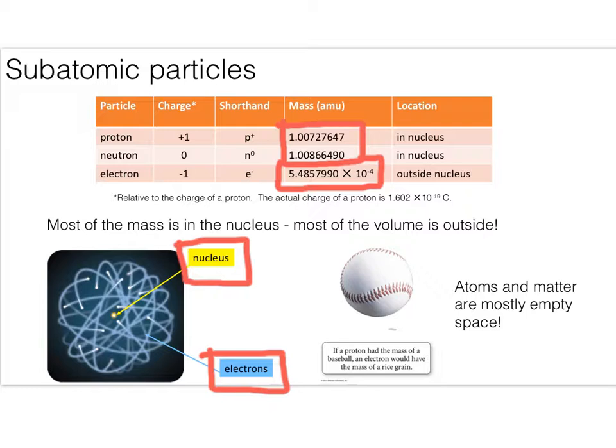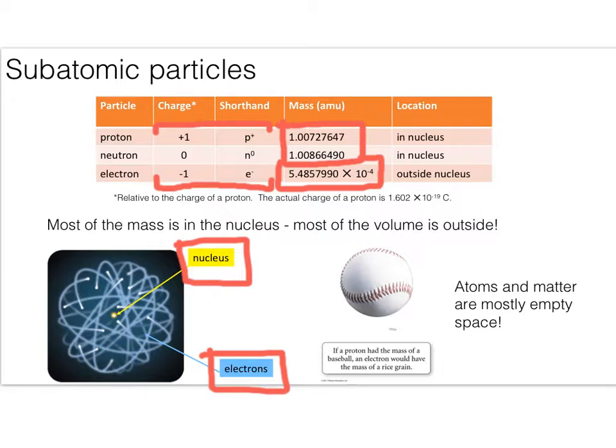So what does the electron bring to the game? Well, the electron has charge. And so the electron is typically given a -1 charge, and it is attracted, just as opposite charges attract, to the +1 charge of the proton, which exists in the nucleus.